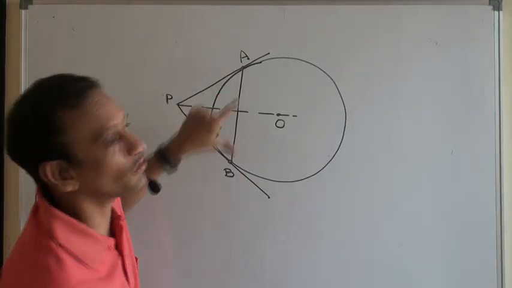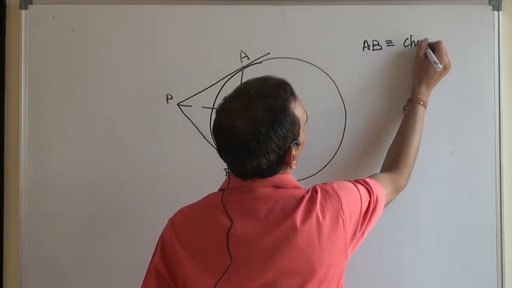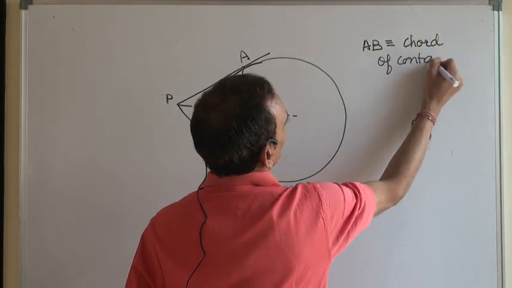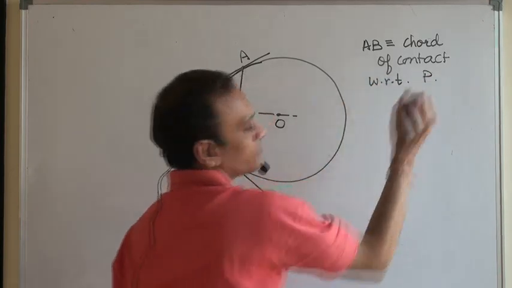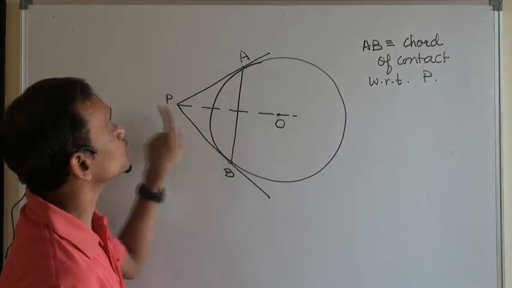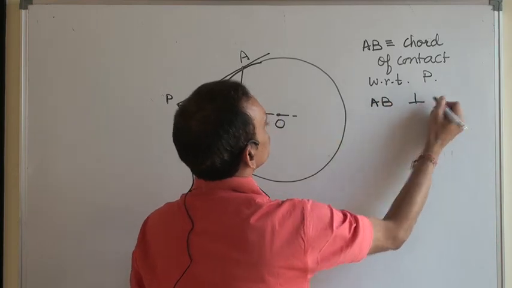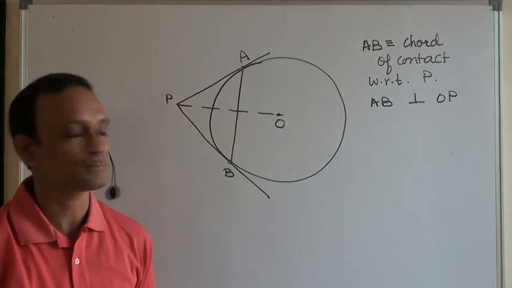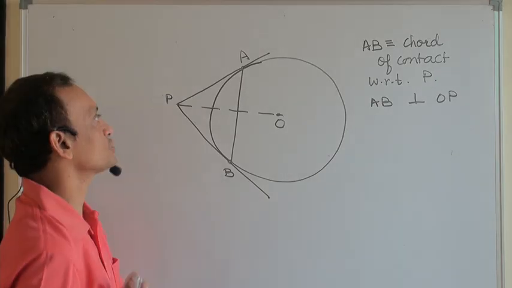It's also called the chord of contact. AB is also referred to as the chord of contact. With respect to the external point P, I claim that the chord of contact is perpendicular to OP. That means AB is perpendicular to the line joining the center to the external point P. This is my claim. Now let's see how easy or difficult it is to establish this proposition.